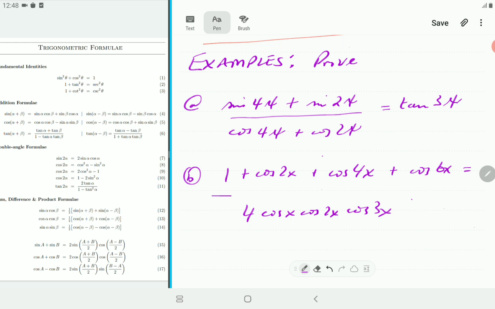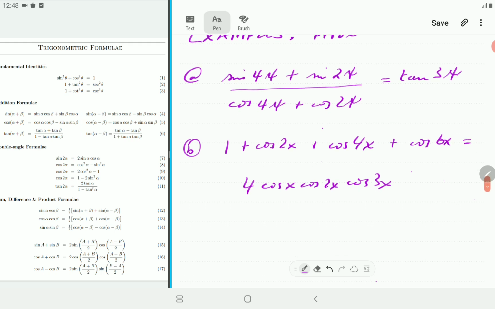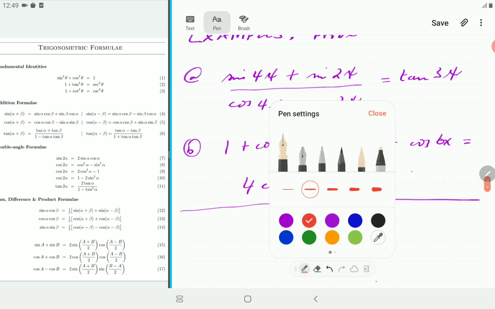In B, we want to prove that 1 plus cosine 2x plus cosine 4x plus cosine 6x is equal to 4 cosine x cosine 2x cosine 3x. So let's start off with A.